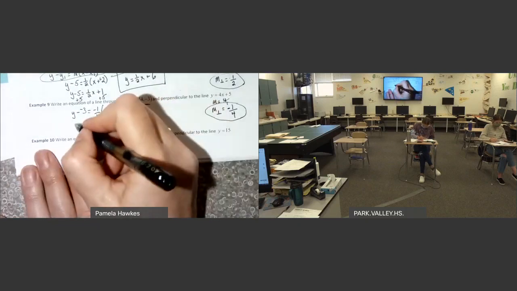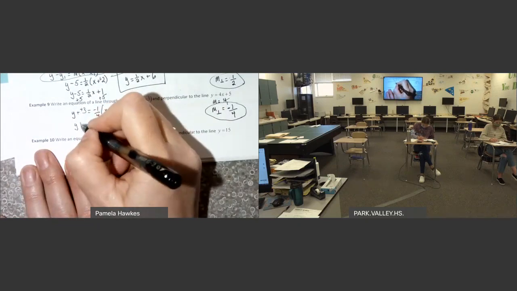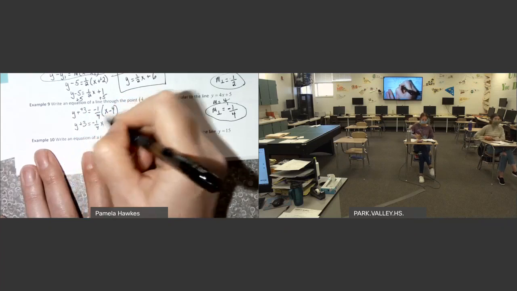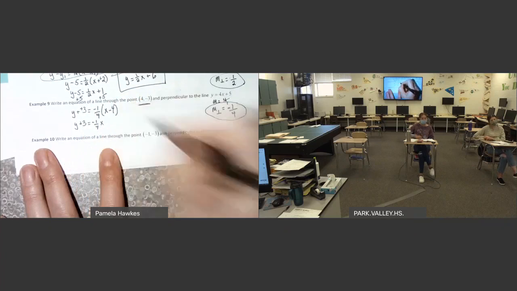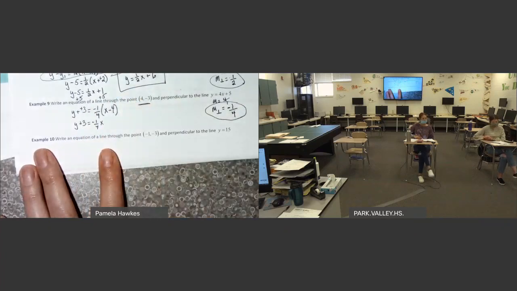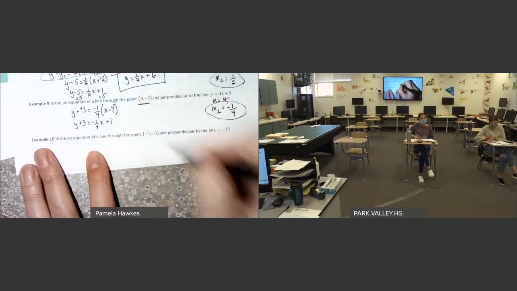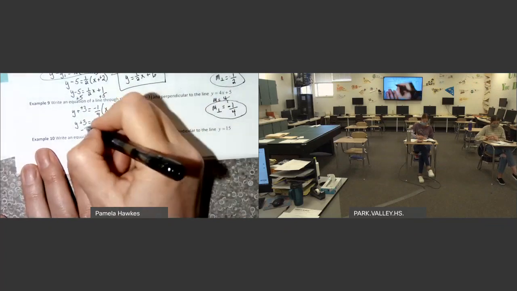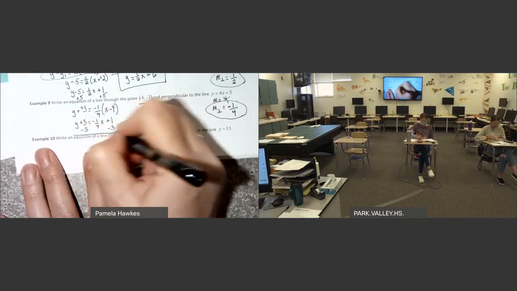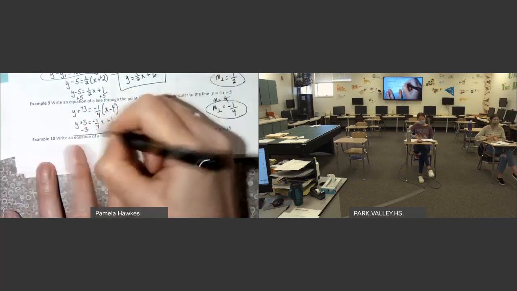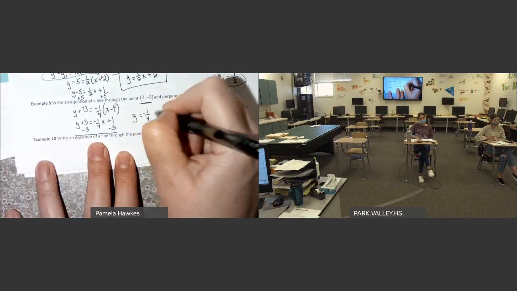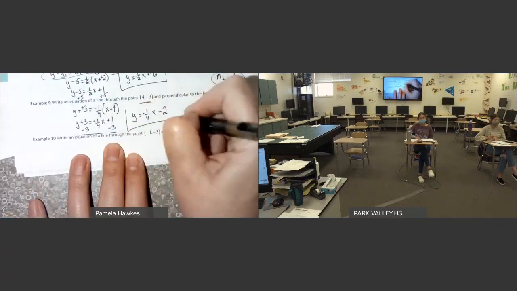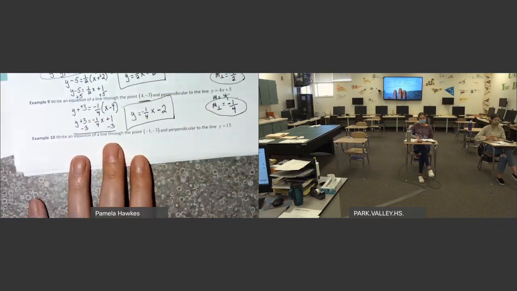Distribute that in. So I got y. This a minus makes a plus, right? -1/4 x. What's -1/4 times -4? Good, +1. And last but not least, subtract the 3. And I get y equals -1/4 x minus 2. And we're good.